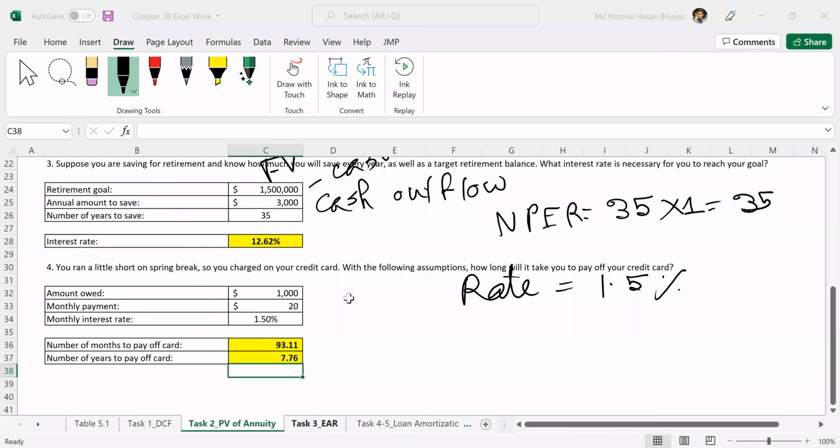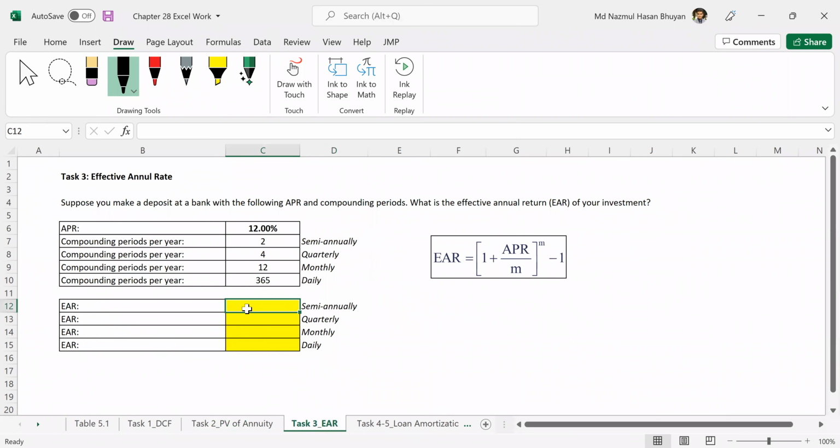All right, let's move on to the next problem. In our next problem, we are going to calculate effective annual rate. The formula here should be EFFECT. Then you need to first put your nominal interest rate. The nominal interest rate here is 12%, or your annual percentage rate, same thing, APR is 12%.